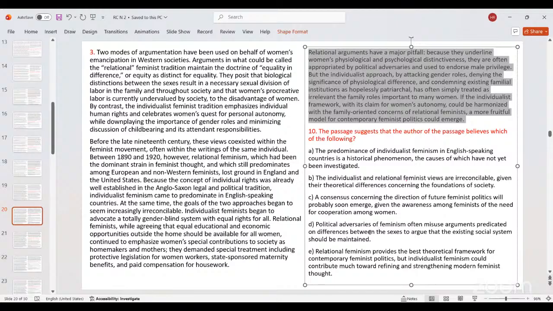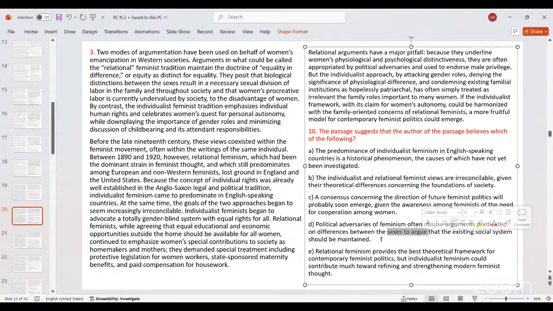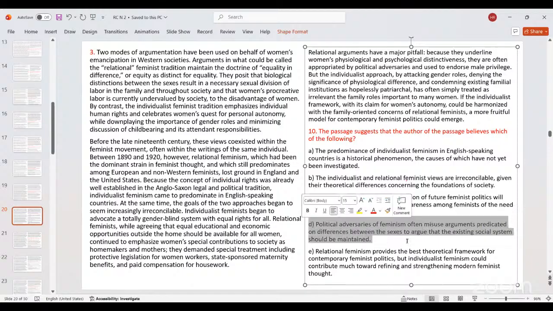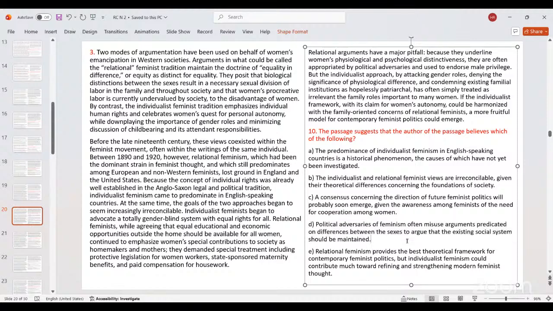Now, what does D say? Political adversaries of feminism often misuse arguments predicated on difference between the sexes to argue that an existing social system should be maintained. What does it mean? It means that they argued about participation in politics only, right?